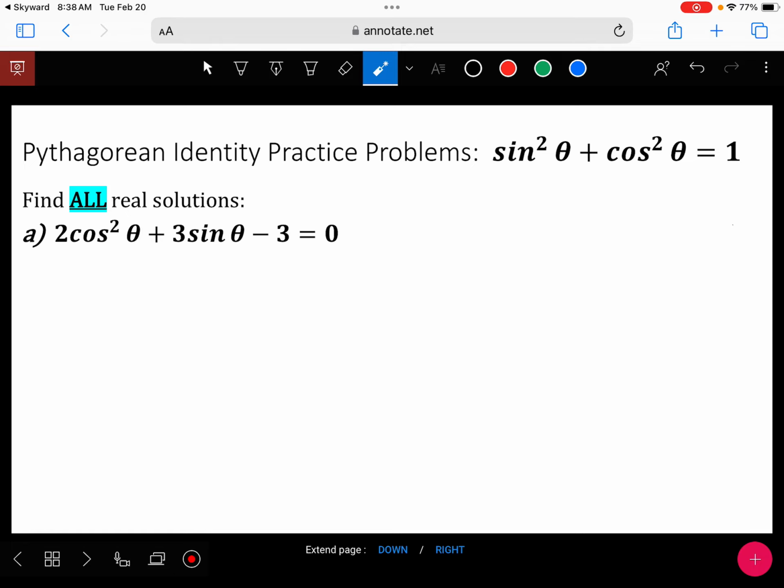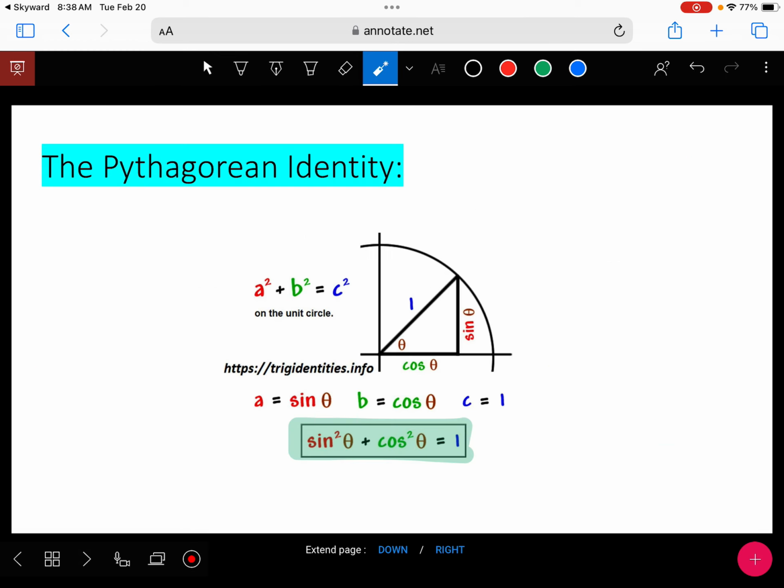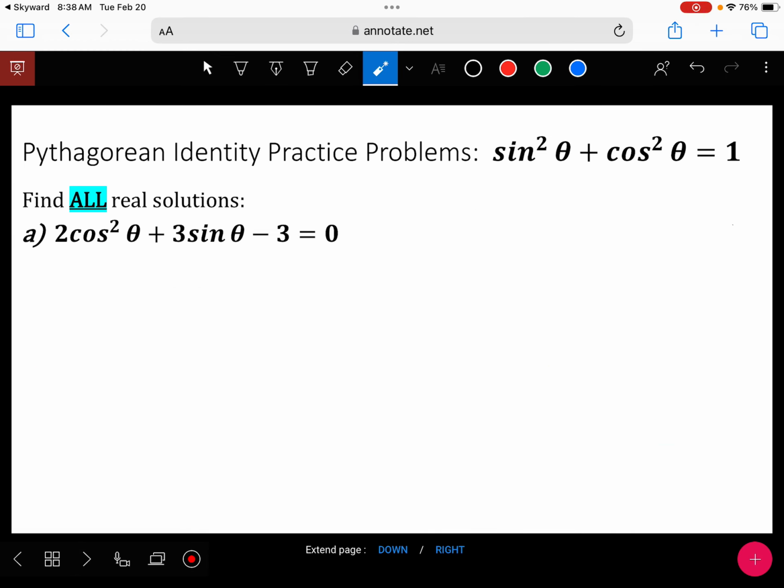So if I go back, I'm going to scroll back to the one we did earlier today. This one had sine and cosine in it, but it had a GCF. We look at this one, we have a sine and a cosine, but we don't have a GCF.